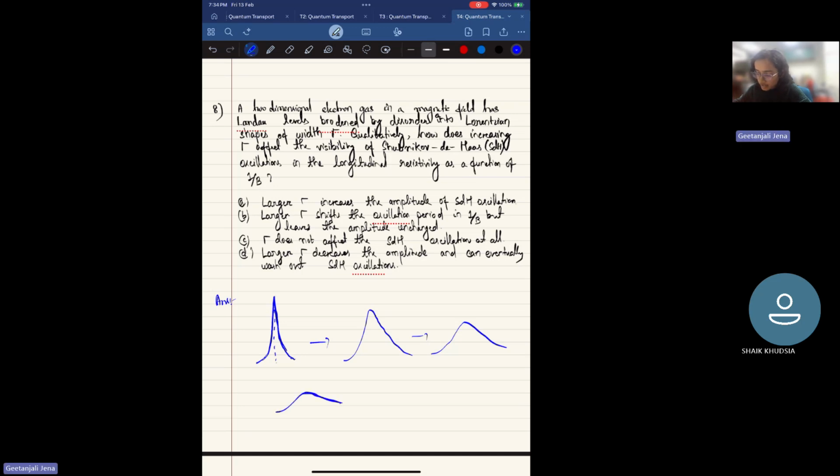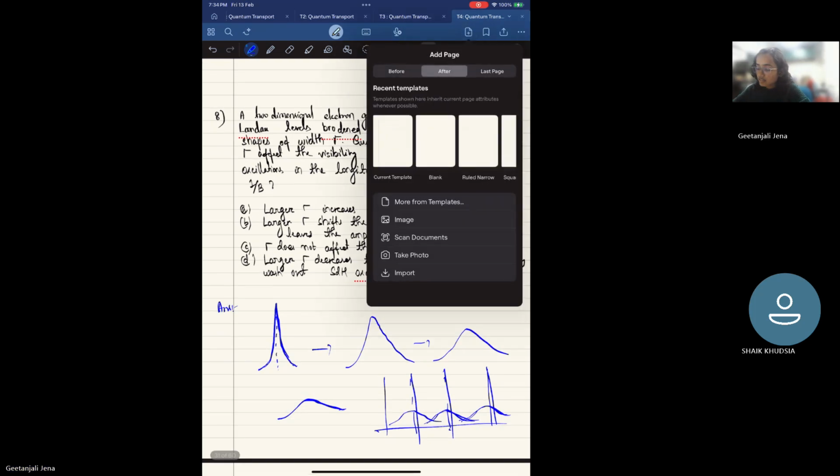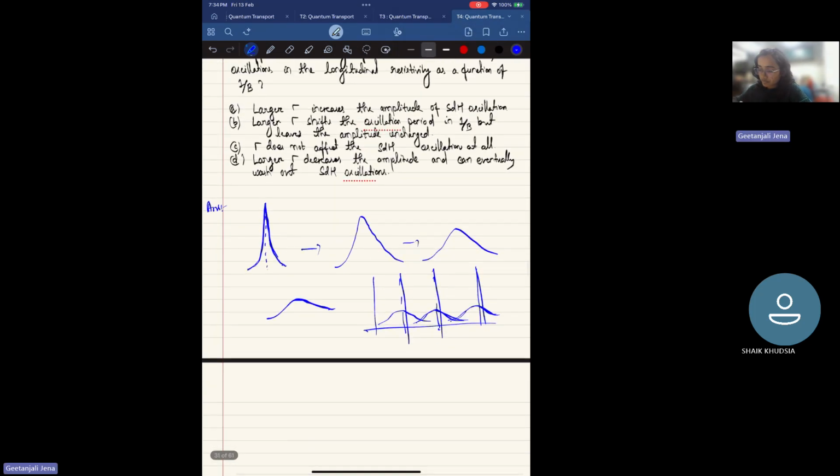So the density of states will become wider and adjacent energy levels will now overlap. If they are overlapping with each other, there is a possibility of scattering in the system. And this scattering will decrease the amplitude, and it may even be possible that the SdH oscillation will vanish.